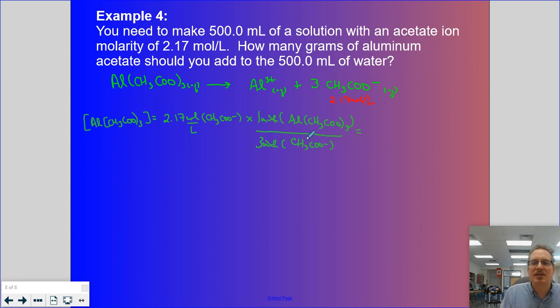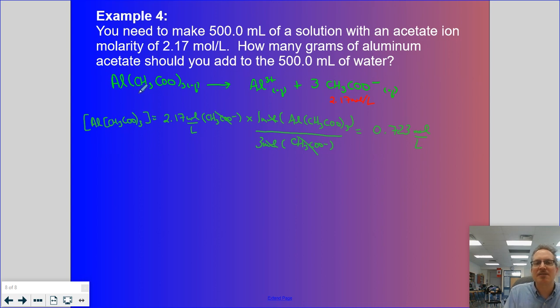Again, moles cancel, acetate cancels. So take 2.17 times 1 divided by 3, and my answer in 3 sig digs is going to be 0.723 moles per liter. So that is the concentration now of my aluminum acetate.